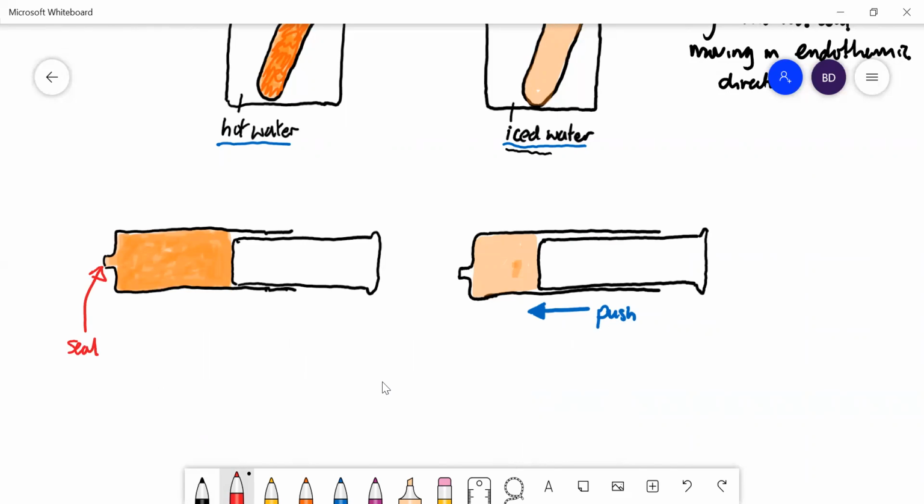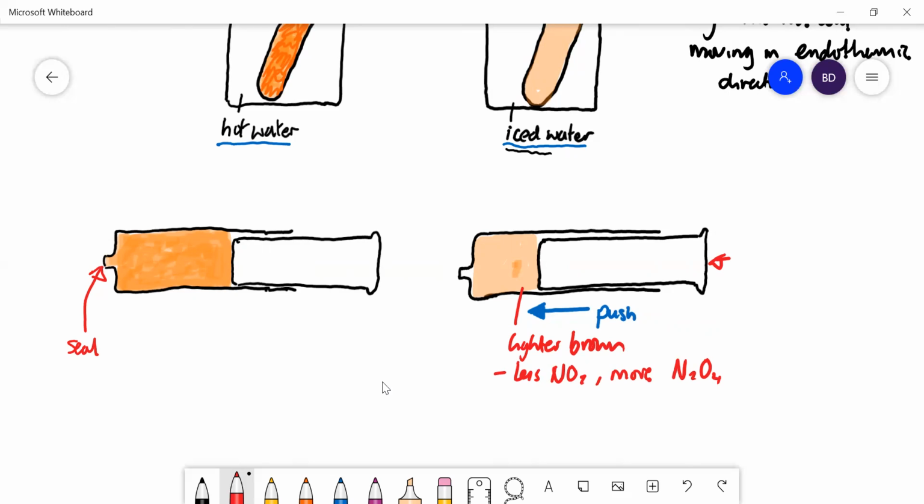Now, if you push the plunger in like I've done there, you can see that the gas becomes lighter brown. That means we've got less NO2 and more N2O4 when we increase the pressure. You've got to hold the plunger with your hand, otherwise it will just come back again.